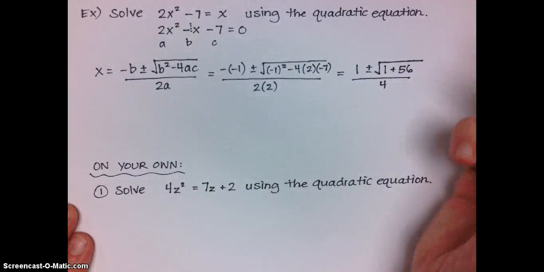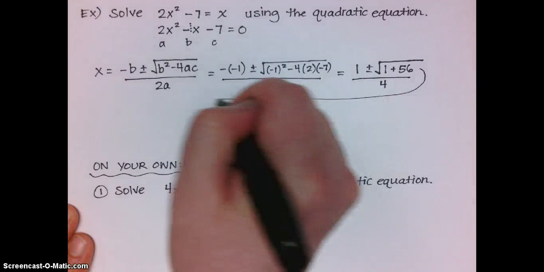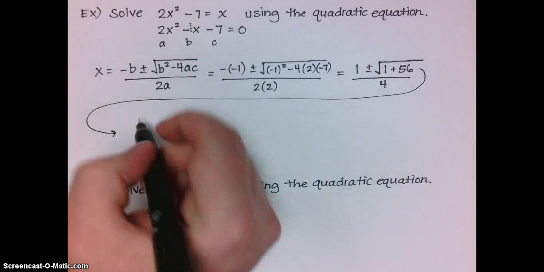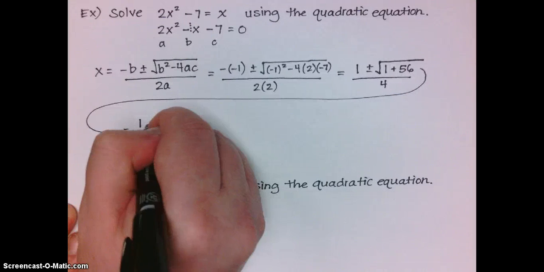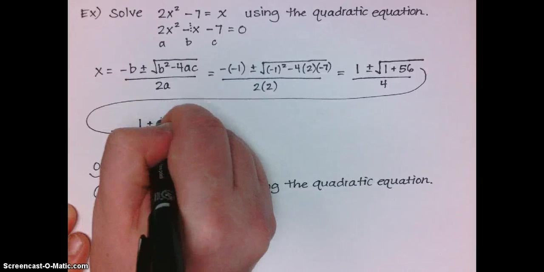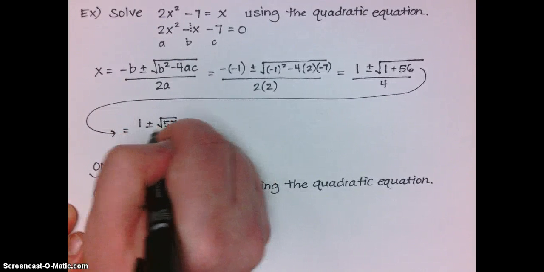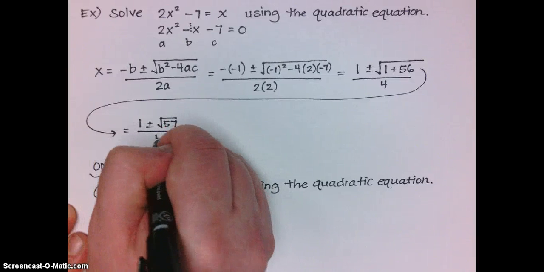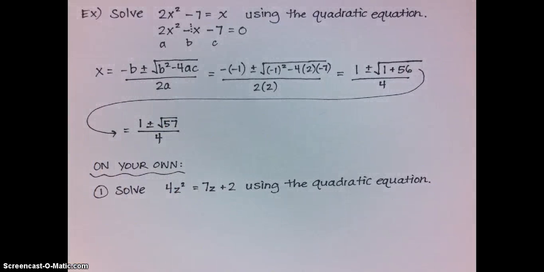Okay? I'm going to bring this on down, continue my work. This is equal to 1 plus or minus the square root of 57 divided by 4. I don't know the square root of 57, all right? This is something you're going to have to do on your calculator.